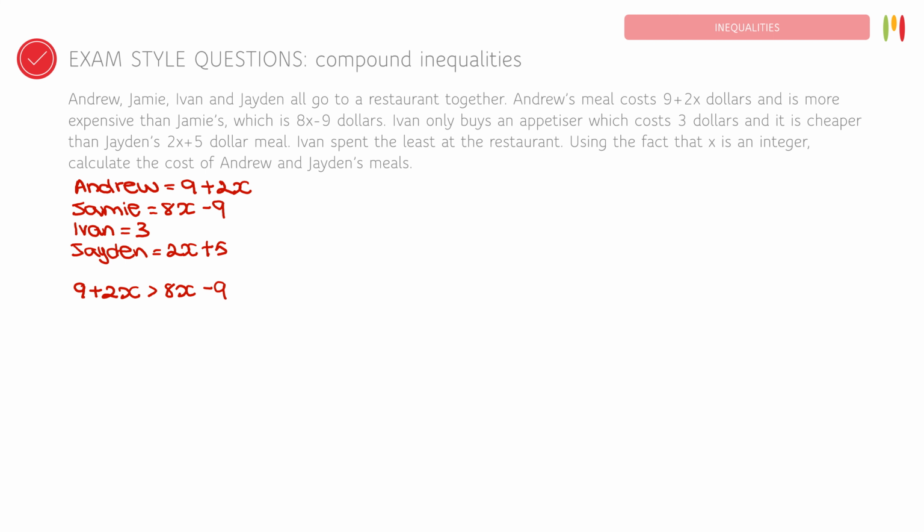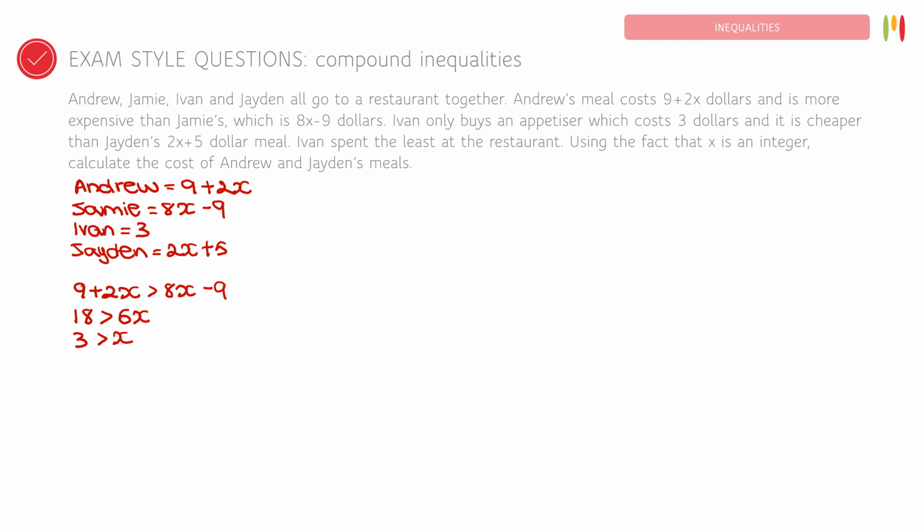So let's first try to solve the inequality for x with this information. So we will have 18 is greater than 6x. Therefore 3 is greater than x. This isn't enough information to answer the question, so let's see what other information we are told. Okay, we also know that Ivan's appetizer is less than Jaden's meal.